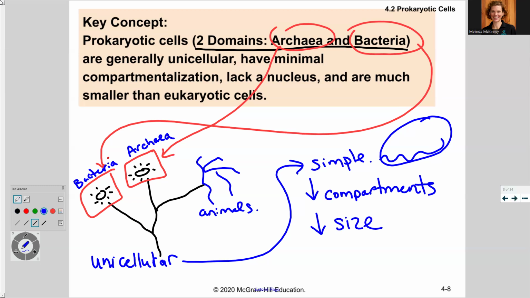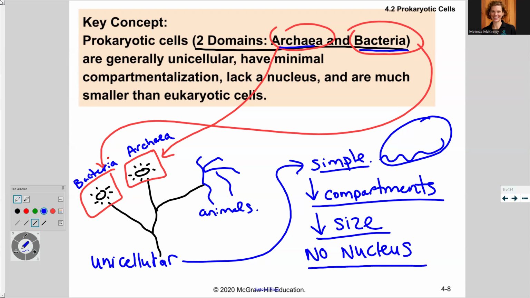And they have no nucleus. So these are things you should know about archaea and bacteria. They're relatively simple, with little to no compartmentalization inside. They're very small compared to, say, the eukaryotic cells we learn about later, and they do not have a nucleus. That means their DNA is just hanging out in the cell, floating around without protection.